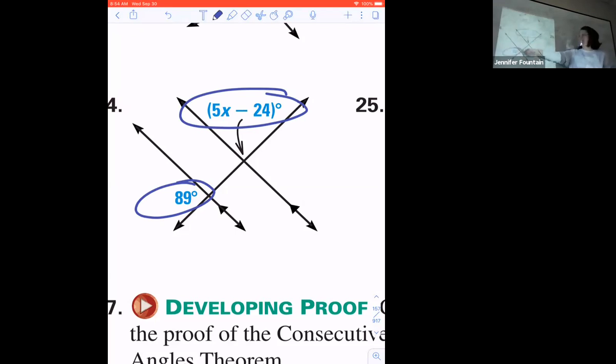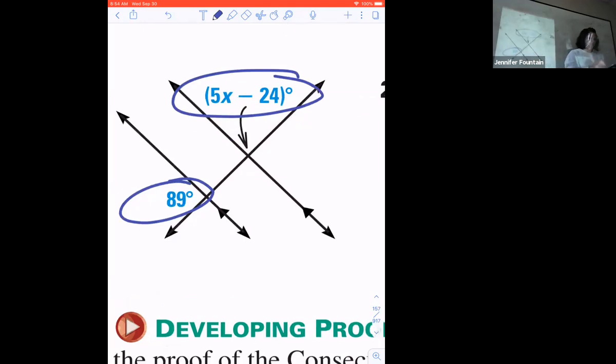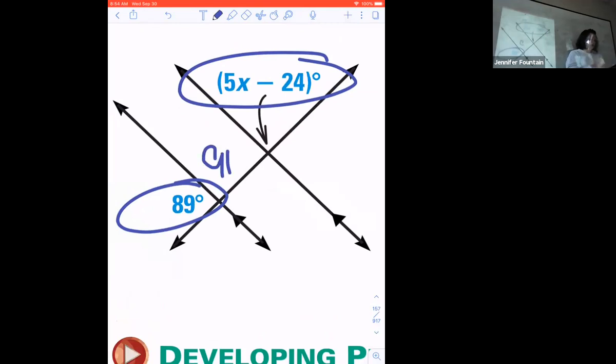I could not set these equal to each other to solve. But because these are corresponding angles, then I know that 89 plus something here would give me 180 degrees, right? So 180 minus 89, we said was 91 degrees, right? So now 5x minus 24 is equal to 91 degrees.